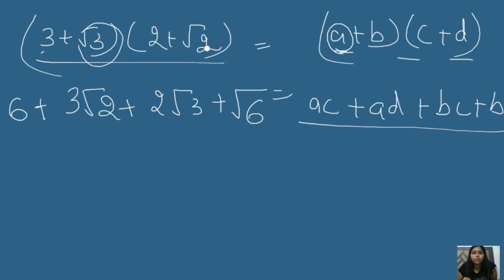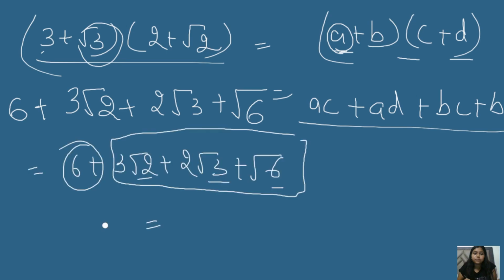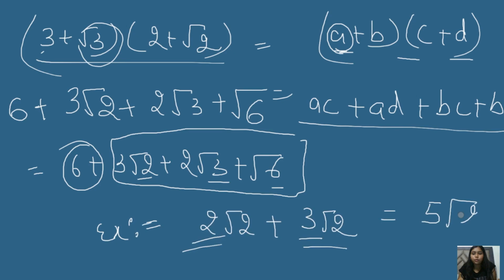And there can't be addition or subtraction between these terms unless they have the similar root among them. For example, if we are taking 2 plus root 2 and then adding it with 3 plus root 2, in that case we can add this, like we can just write it as 5 root 2.